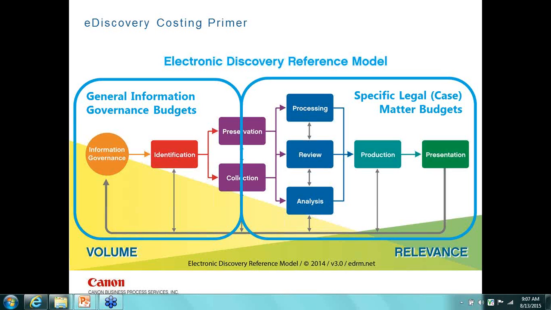It's a priority for corporations, because data volumes continue to rise, and our economic conditions continue to apply pressure on legal department budgets. And then law firms, they're going to feel pressure because their clients are obviously demanding more for less.